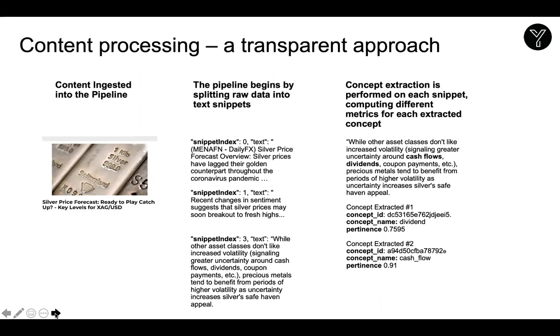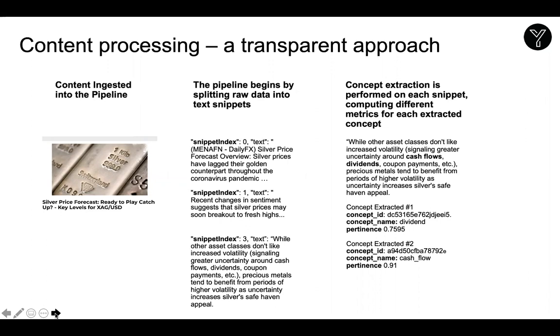Then the algorithms perform concept extraction on each snippet of text. Each concept extracted will have a range of different rankings. If you look here, we have two concepts we're showing from this tiny piece of text. The first one is dividend. For dividend, we have what we call a concept ID, an identifier.